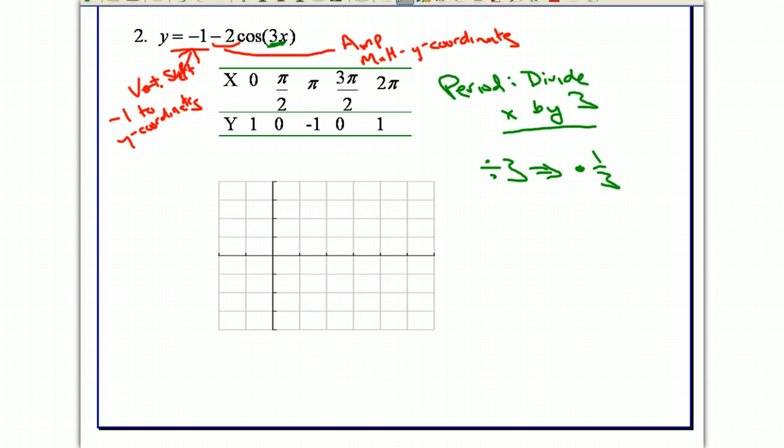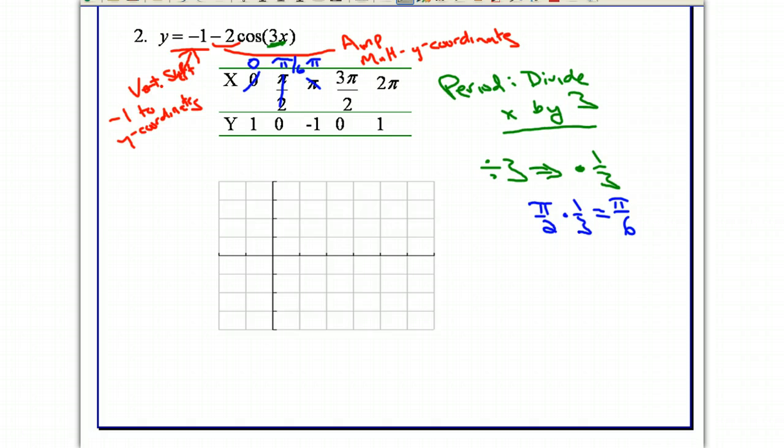And so we'll come here to the x-coordinates. We'll cross off what we have. We'll multiply by 1/3. And let's see. 0 times 1/3. Didn't really need to cross it off. Still 0. Pi halves times 1/3. So here's pi halves times 1/3. Multiply the tops. Multiply the bottoms. That now becomes pi 6. Pi times 1/3.